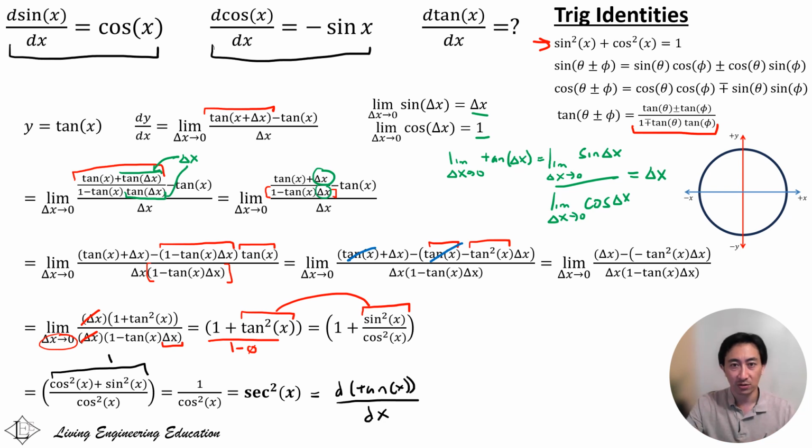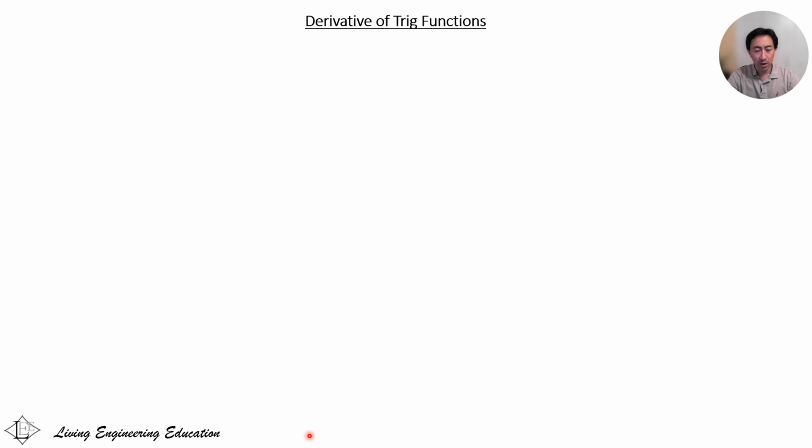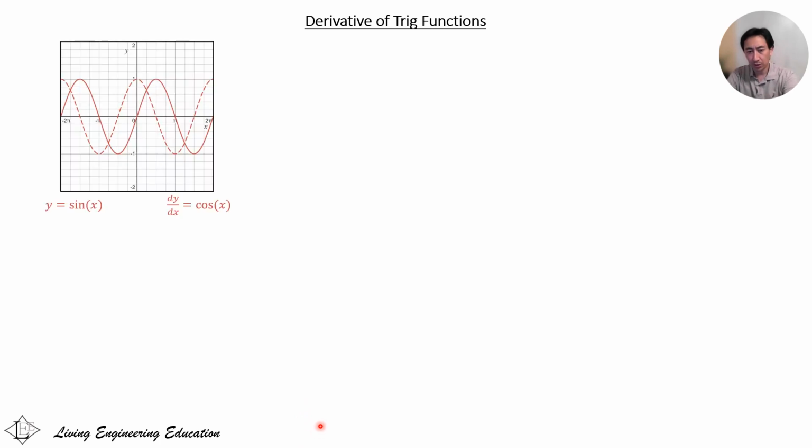So let's take a look at our graphs. The most common thing from students is they'll say, I know the derivative of sine is either plus or minus cosine, and the derivative of cosine is either plus or minus sine, and they forget whether it's positive or negative for each case.